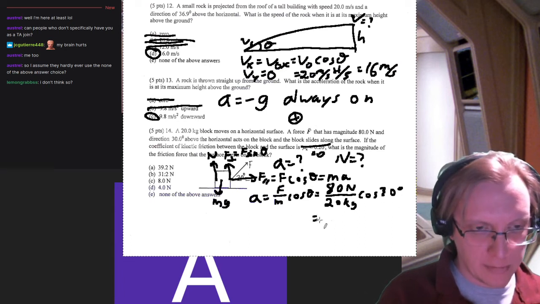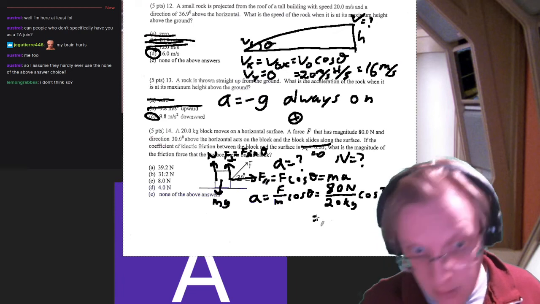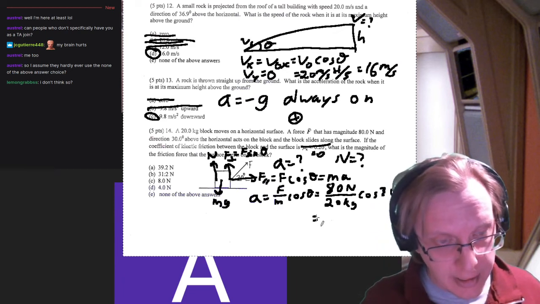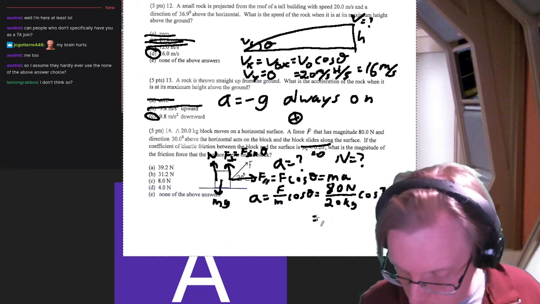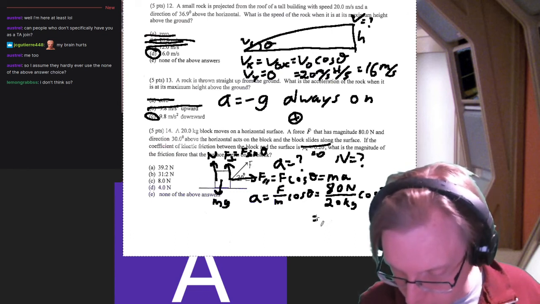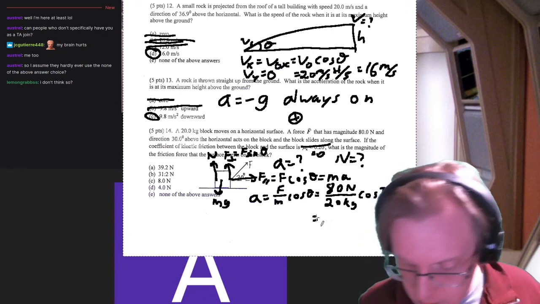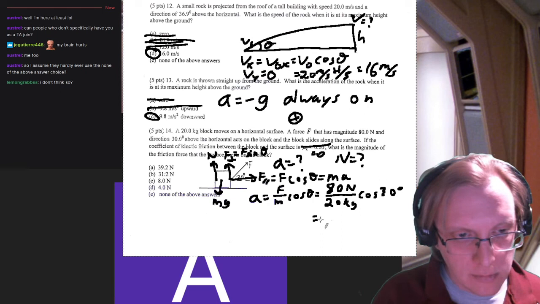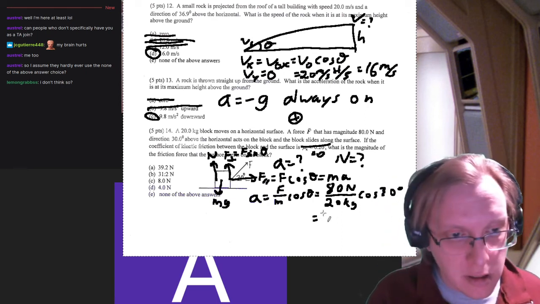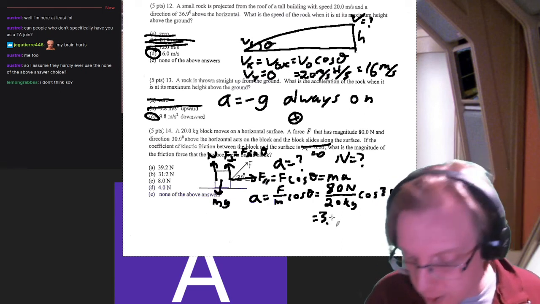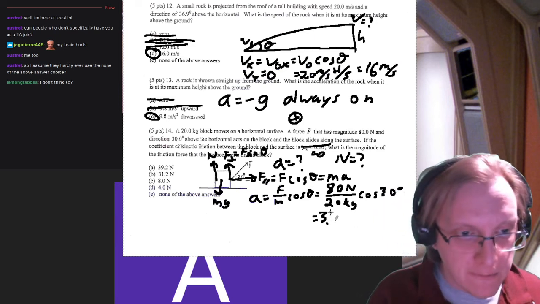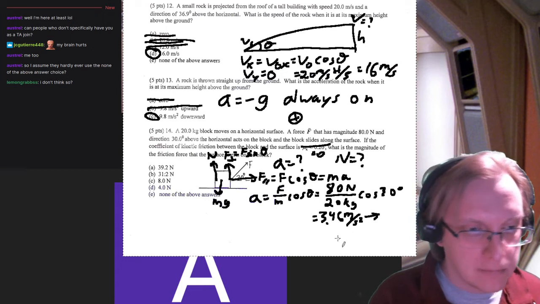Another favorite angle, but not my favorite angle. So that is 80 divided by 20 is 4. Cosine of 30 degrees. Let me guess, a half? Nope, it's not. It's the other one. This is 3.46 meters per second squared to the right.